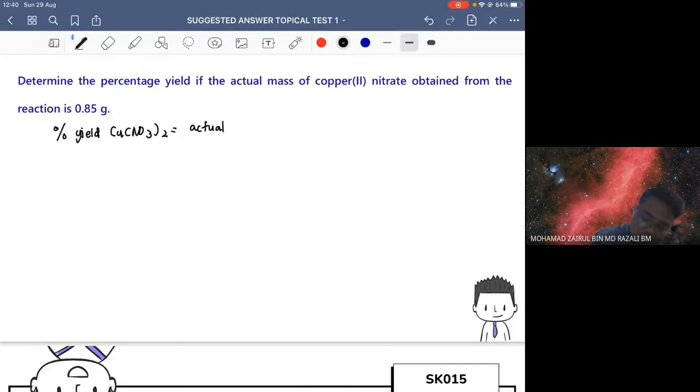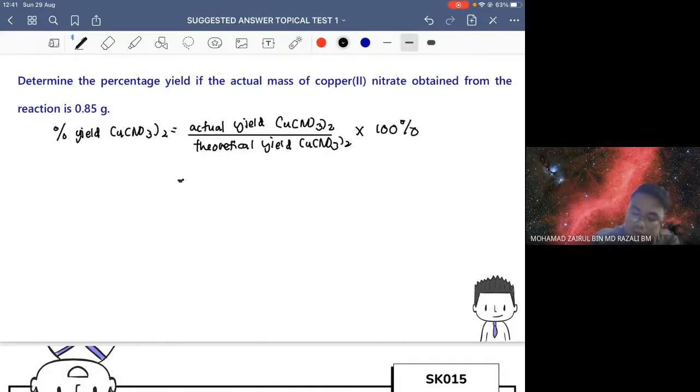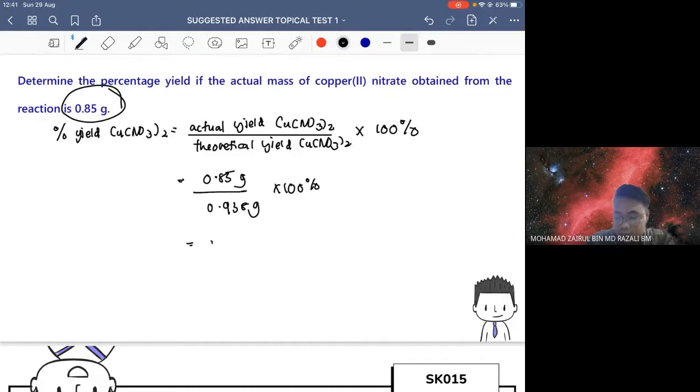So equal to actual yield of Cu(NO3)2 divided by the theoretical yield of copper nitrate multiplied by 100. Actual yield is given 0.85 gram. Theoretical yield yang awak kira dalam soalan, which is 0.938 gram, multiplied by 100. So kalau awak kira, awak akan dapat 90.62%. So ini adalah satu markah.